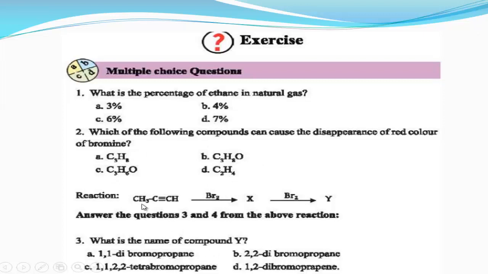This is the stem. Here propyne combines with bromine, at first produces X, then again combines with bromine, producing Y. Now we have to give answers of 3 number questions. What is the name of compound Y? We know that in addition reaction of alkene and alkyne, gradually the third bond is broken and converts into a double bond, and the double bond is broken and converts into a single bond.